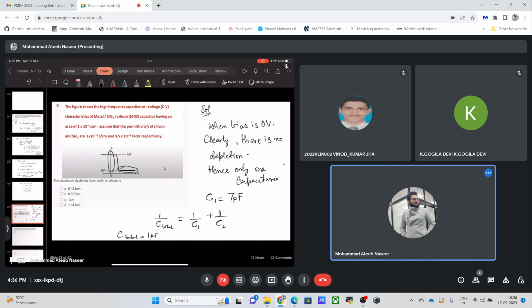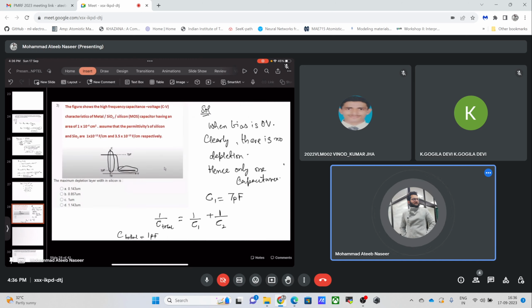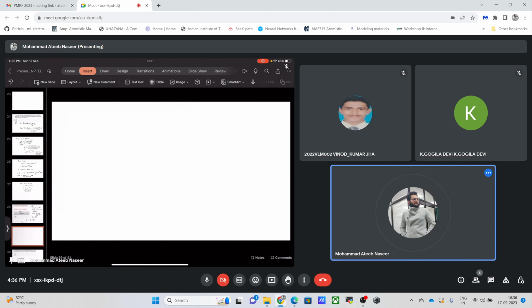So it would mean that this C total is simply equal to C1 into C2 divided by C1 plus C2, and this is equal to 1 picofarad. Let us not write picofarad because we can get the value of C2 in picofarad itself.